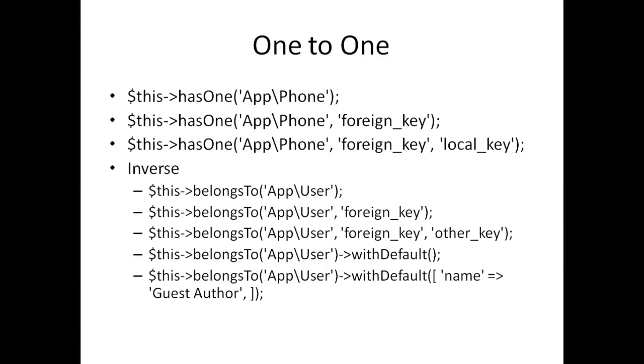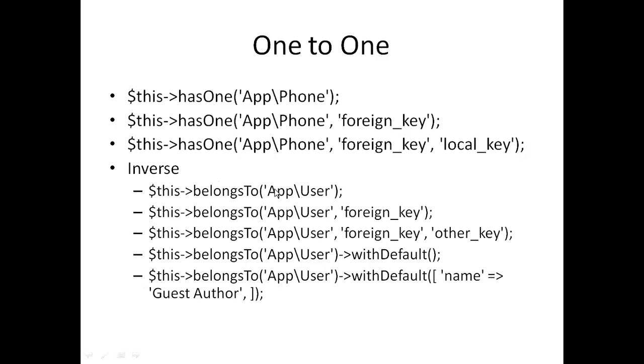One user can have only one phone number, and one phone number belongs to only one user, correct? So in the phone table, you can create a foreign key of the user ID, right?